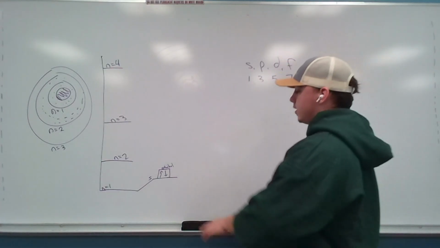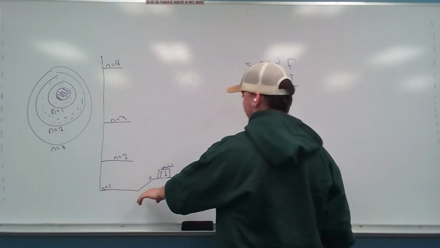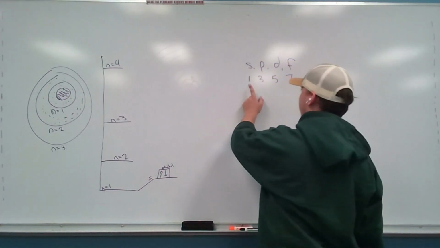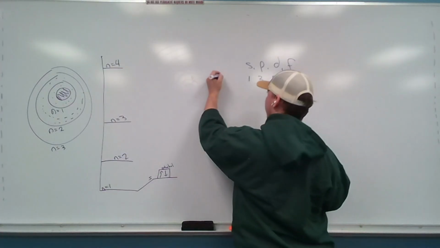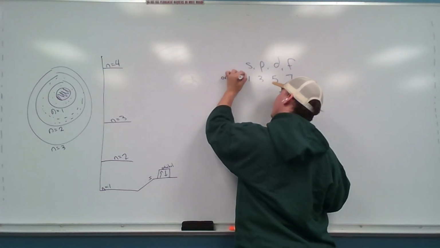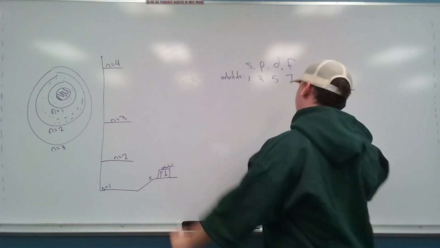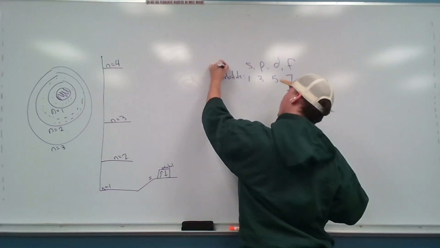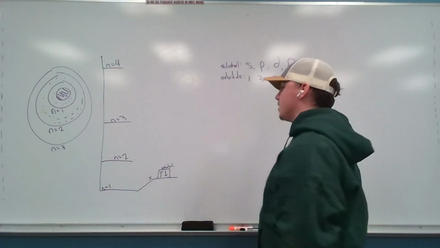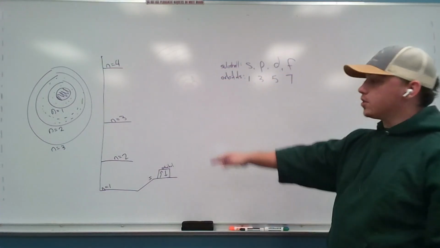So the first shell, as I mentioned, only has the S subshell, and the S subshell can only hold 1 orbital. So I'll just write here orbitals, and then this will be subshell. So let's go to shell 2.